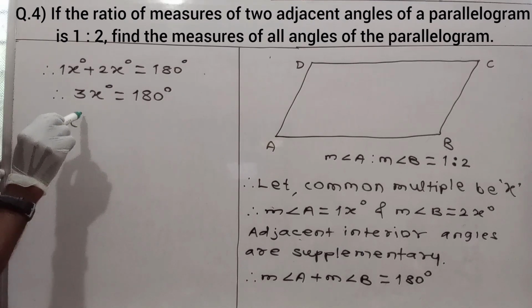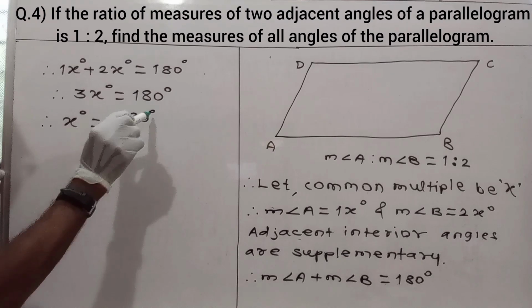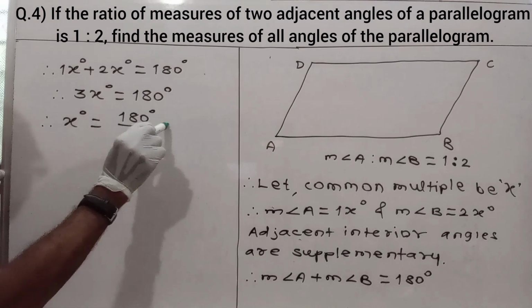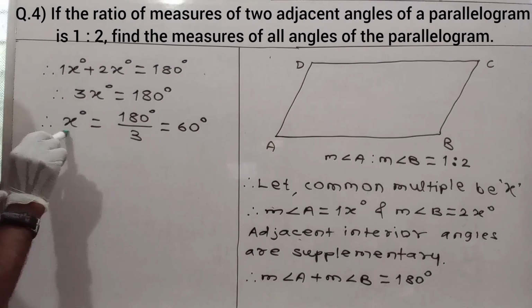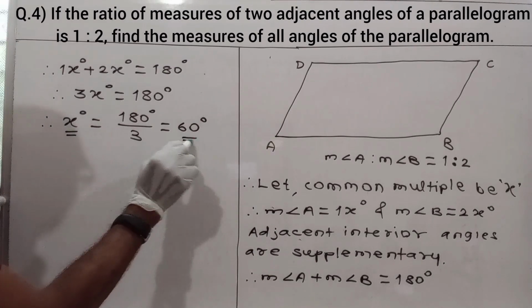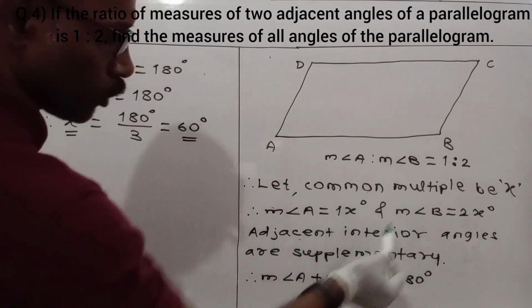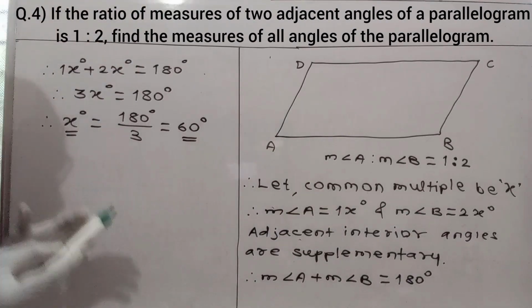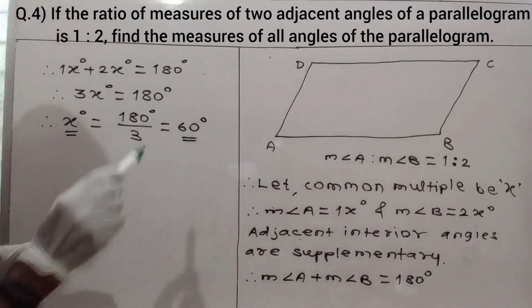Therefore, x degree is equal to 180 degree upon 3 is equal to 60 degree. Value of x is equal to 60. Then we will find values of angles, measures of angle A, B, C and D.